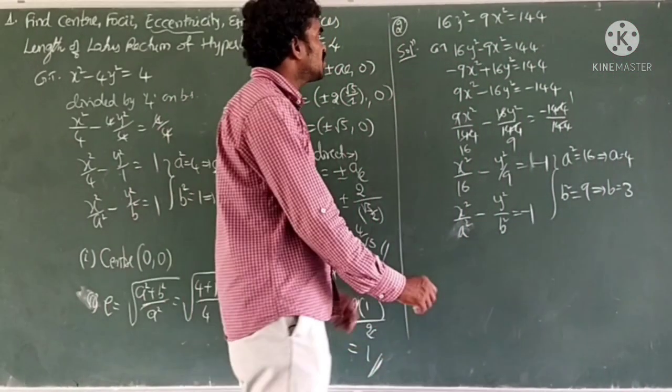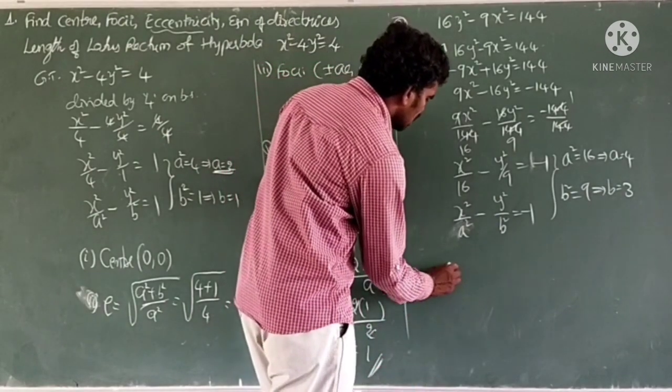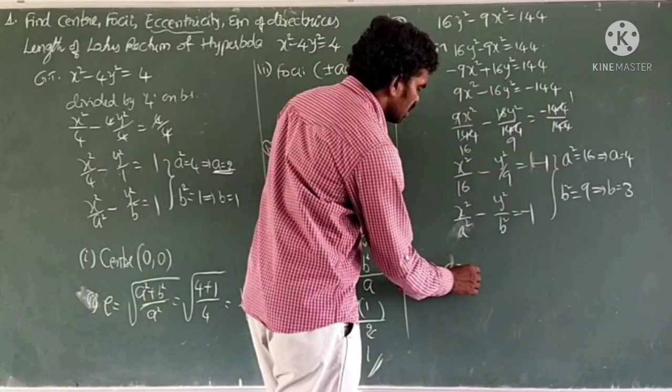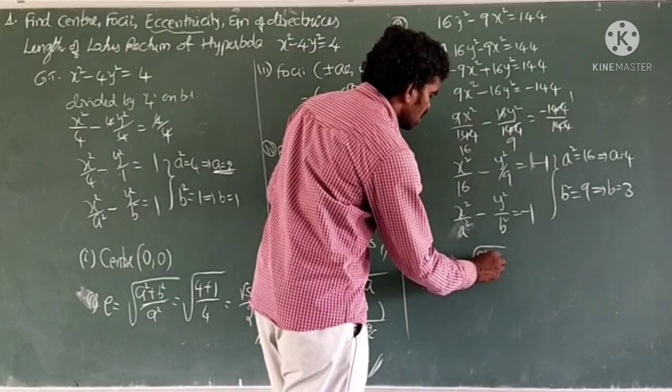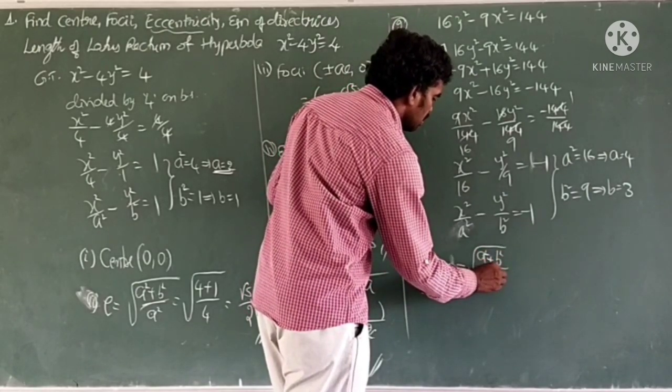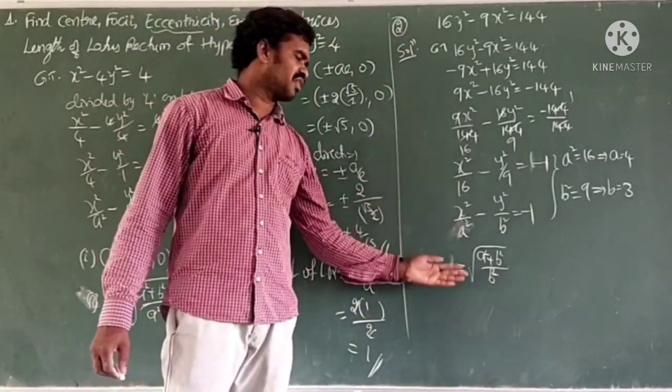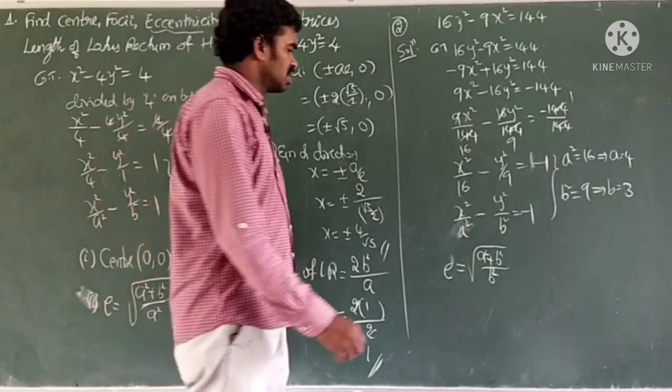Eccentricity. For the conjugate hyperbola, the eccentricity is denoted by e2 or e dash, and the formula is root over a square plus b square by b square. Of course here there is only one eccentricity, that's why we can write e also, no problem.